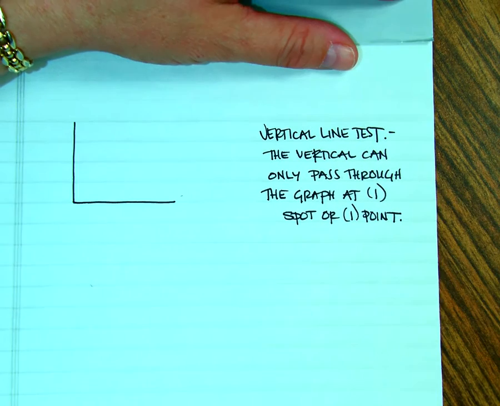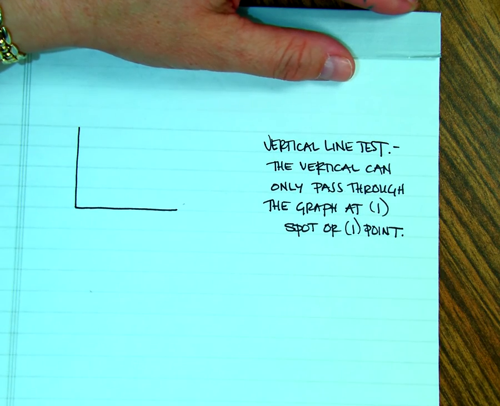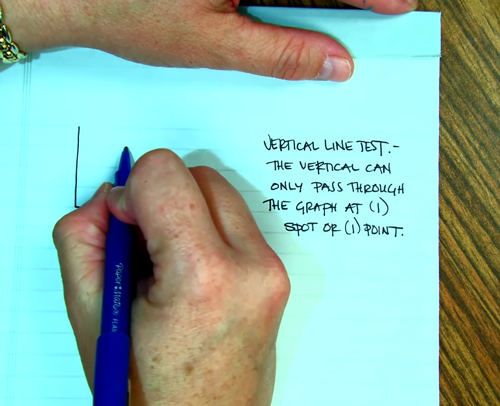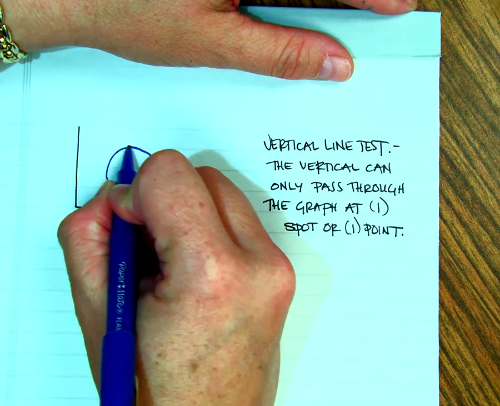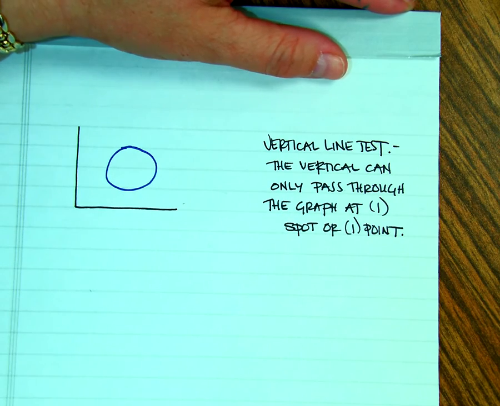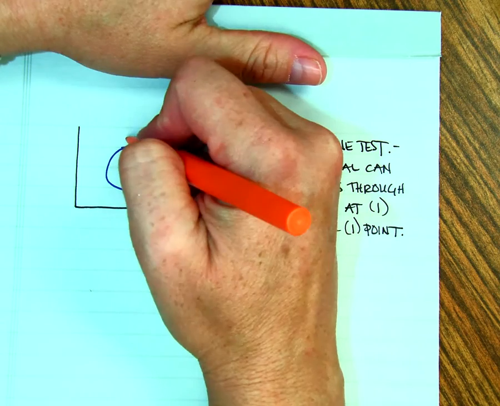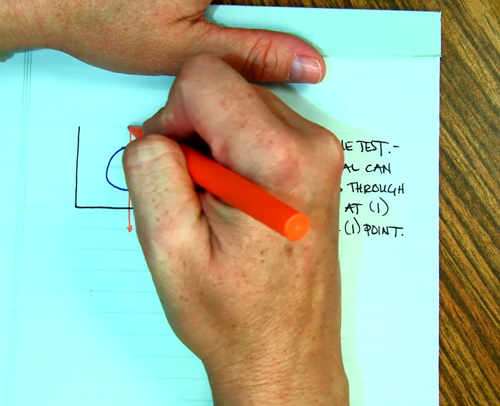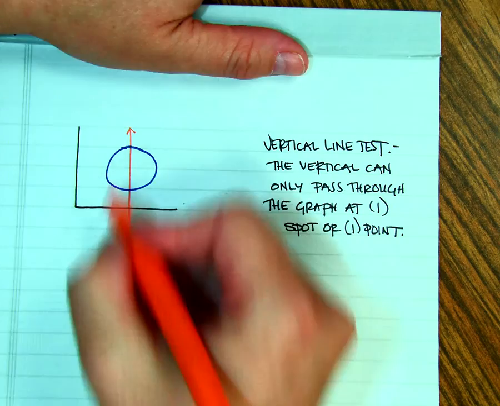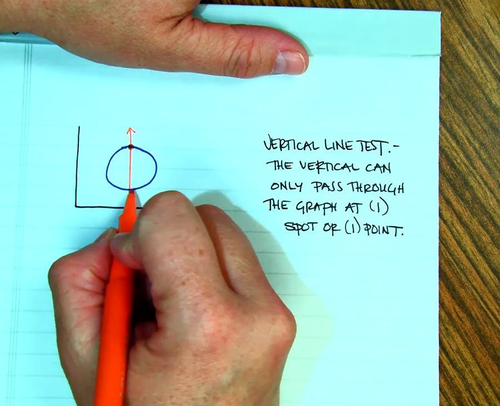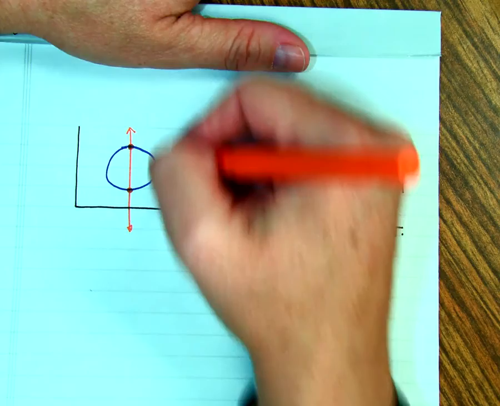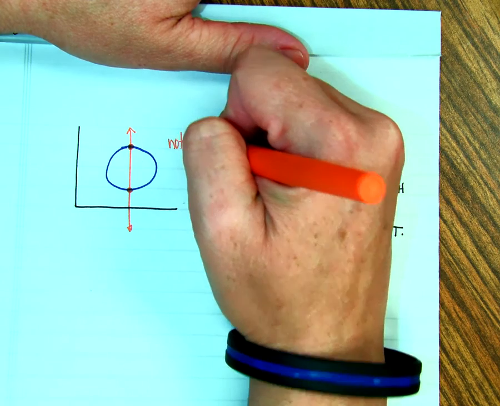Okay, so I'm going to show you some examples of what are and what are not. So if I have a circle, and I'm wondering if that is a function, if I draw a vertical line through that graph, I'm intersecting the circle in 2 spots. This is not a function.